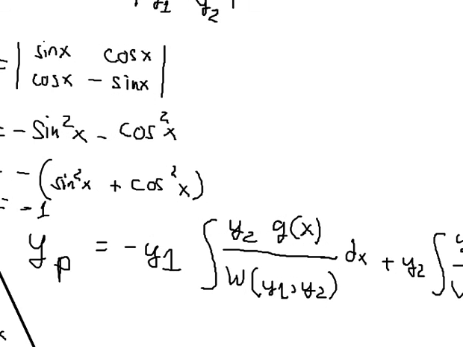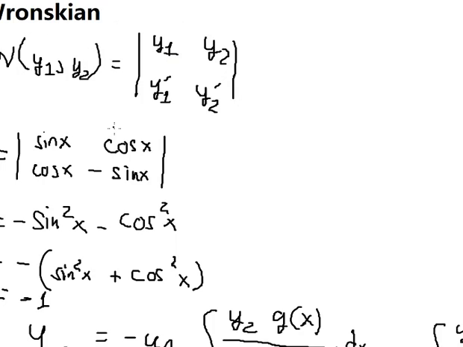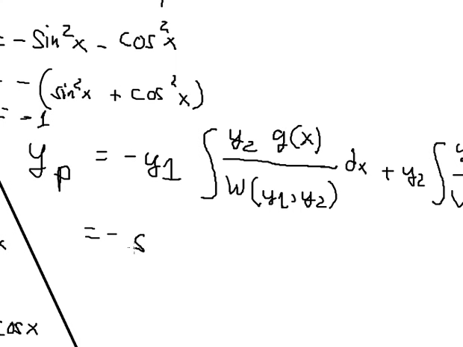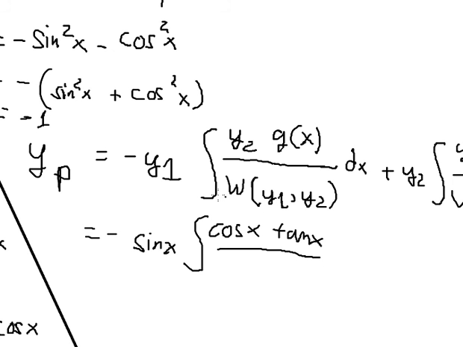Now y1, we know that this is sin s. We put sin s in here. y2, that's cosine s. gs is tan s over the Wronskian. We just calculate in here negative 1.